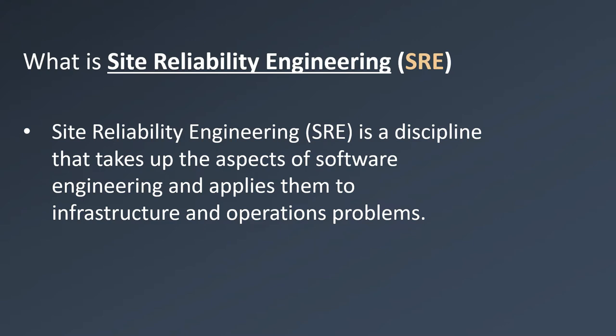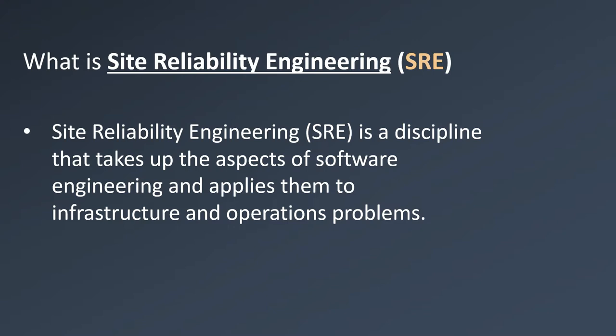Site Reliability Engineering is a discipline that picks up the aspects of software engineering and applies them to infrastructure and operations problems. Software engineering is quite an old term now. Everybody uses it, like the software development life cycle.